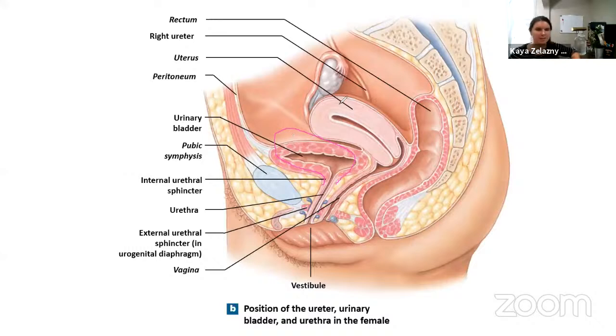Not that you wouldn't be able to tell anyway, but this can help us visualize things correctly. So that is where the bladder is, and hopefully you'll see all these positions in lab this week and next.